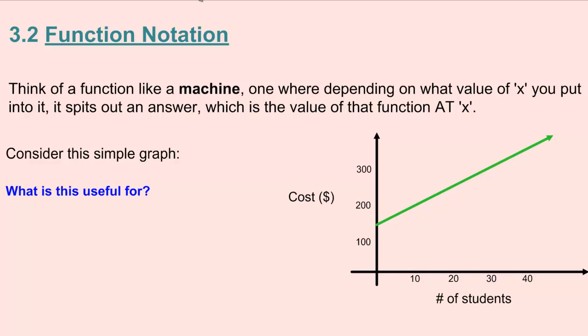If I wanted to know how much it would cost for 10 students, I could line it up and put a dot on my line at 10 students, and it looks as though for 10 students this will cost $200. So I can put a point here, the point (10, 200).